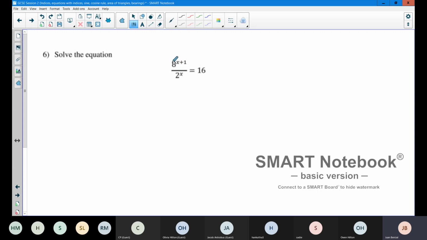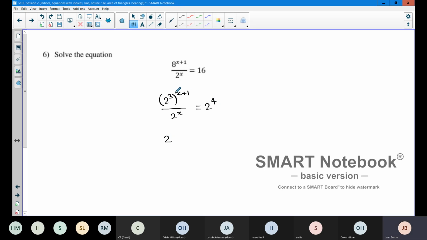So 8, remember, how can I write 8? Well, 8 is 2 to the power 3, and it is to the power x plus 1. I've got 2 to the power x there. 16 is 2 to the power 4. Then I'm going to use indices.